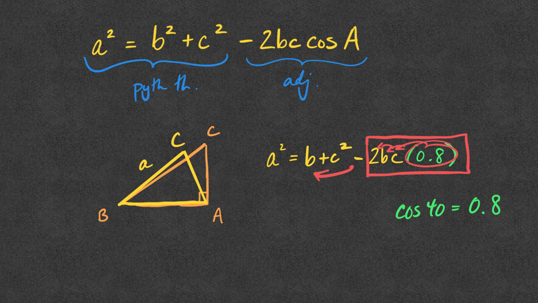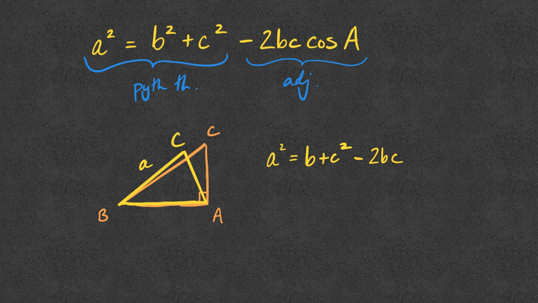So notice, A is not as big as it could be, as if it was the hypotenuse, because I'm taking off the boxed in part. I'm making it smaller. And if you look back at your diagram, you notice A became smaller. Nice. So cosine law is Pythagorean theorem adjusted. It's adjusted for the triangle not being right.